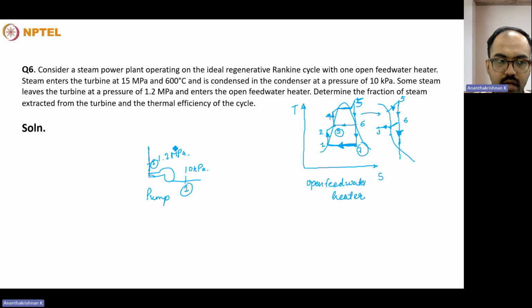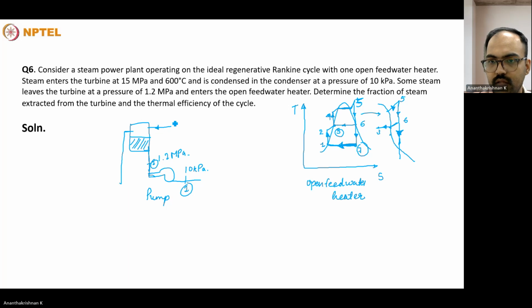And then it will be fed into the open feed water heater, where a portion of this will be water and the other portion will be coming from point 6, say it as 0.6.